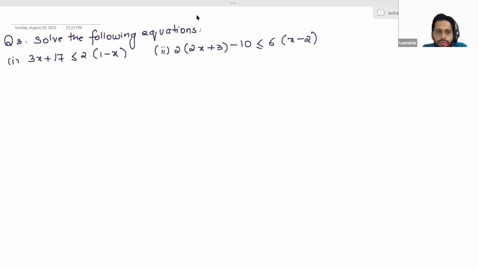Okay, Rishan, now represent this on the number line and write this in the interval form. And John, please check the calculation. If you face an issue, then I will do this question.